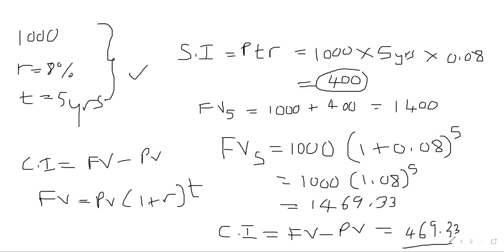So this is our future value, 1469, and the interest we're getting here is 469. So if you're going to compare these two, which one is giving you a higher interest? The compound interest.